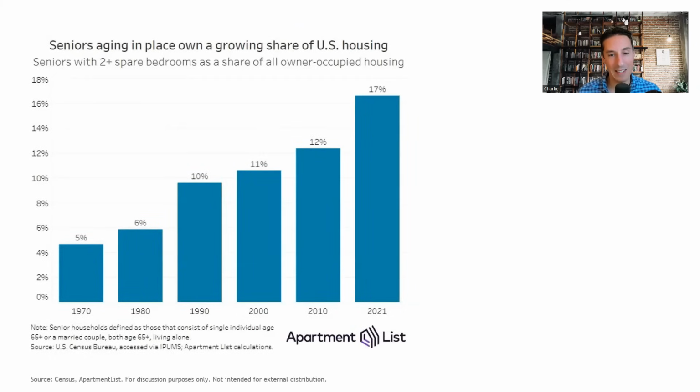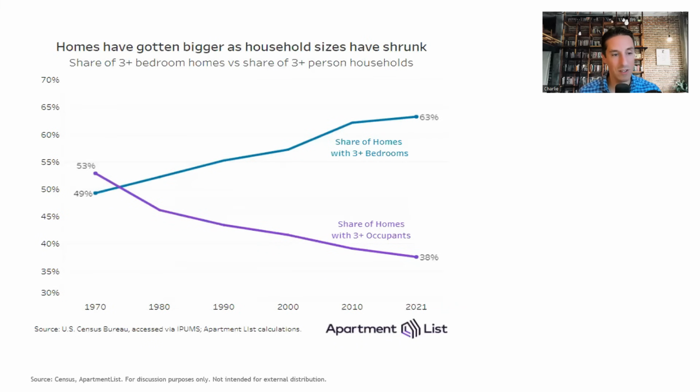And if we look at this chart here, it really illustrates the shift. In 1970, 49% of homes had three or more bedrooms. Today, 63%. At the same time that homes have been getting bigger, household size has gone down, so fewer people are living in these homes. Now only 38% have three or more occupants, but you have bigger homes.